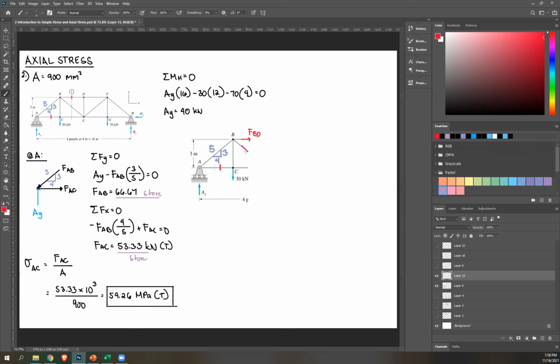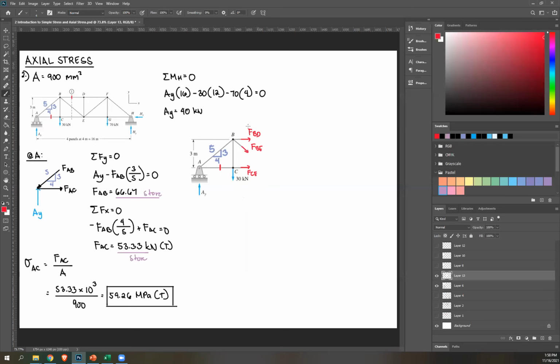And then here, this is your force BE. And then force CE. Now, once again, for method of sections, I just like drawing everything in tension. That's just my preference. You can make intelligent guesses as well. All right, so that's your free body diagram.